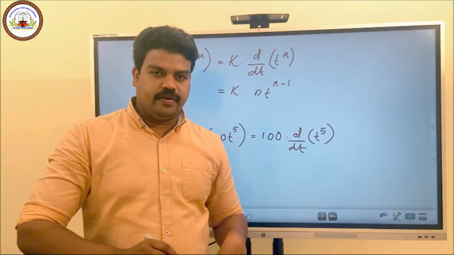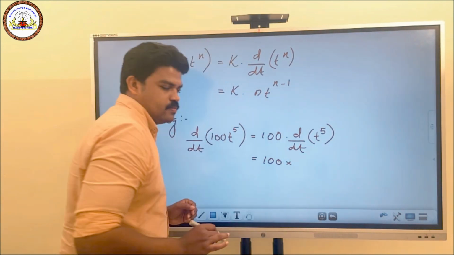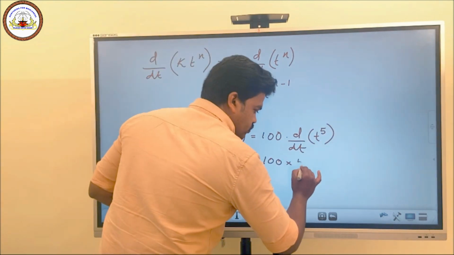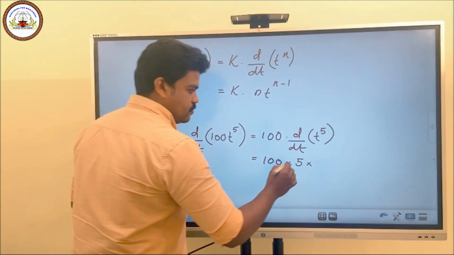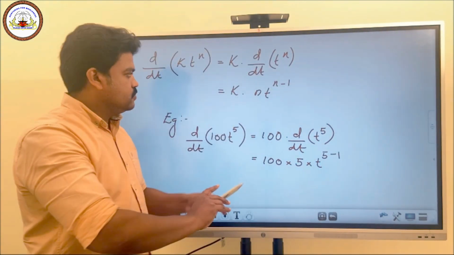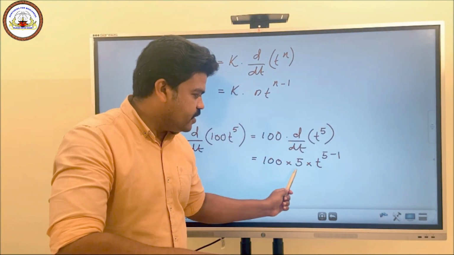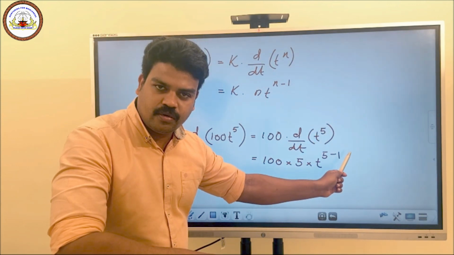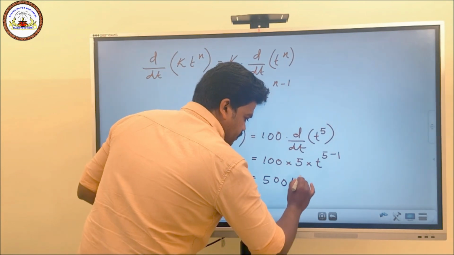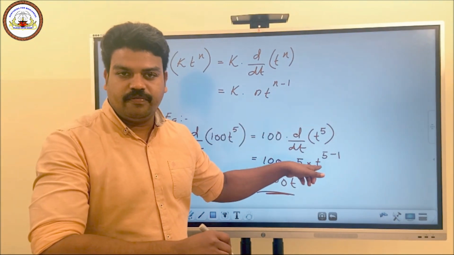And this is equal to 100 into, the power of t is 5 here, therefore 5 into t raised to 5 minus 1. Using this rule, n t raised to n minus 1, t raised to 5 gives 5 t raised to 5 minus 1. Clear? That is equal to 500 t raised to 4.